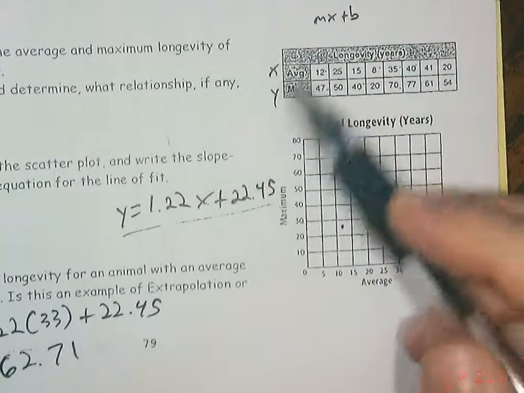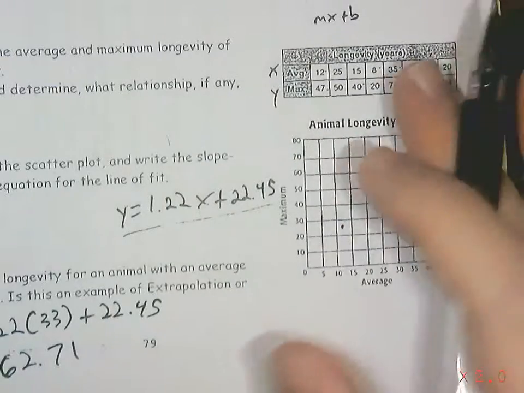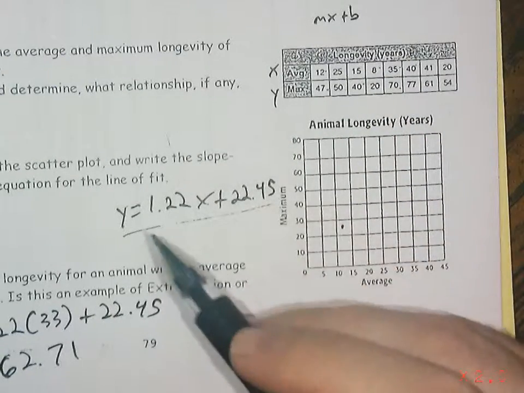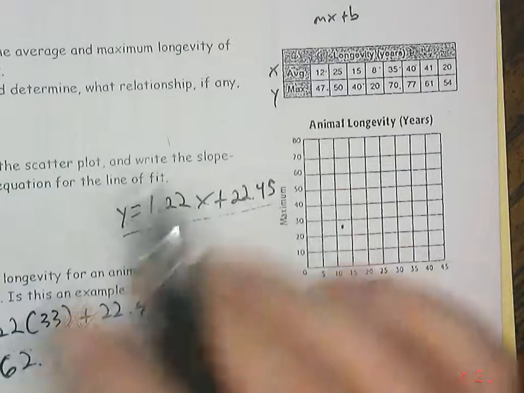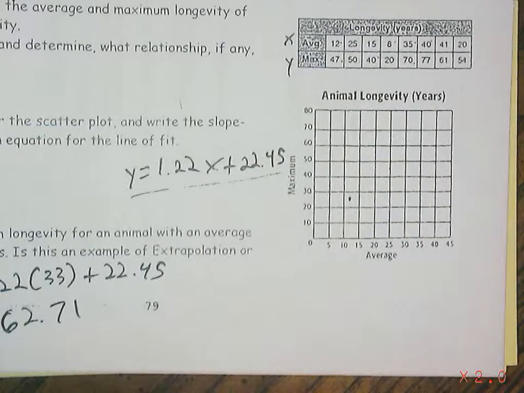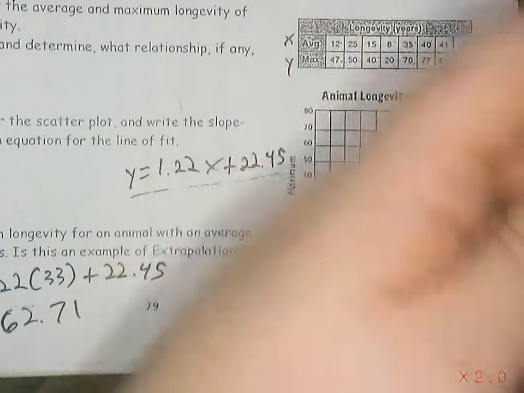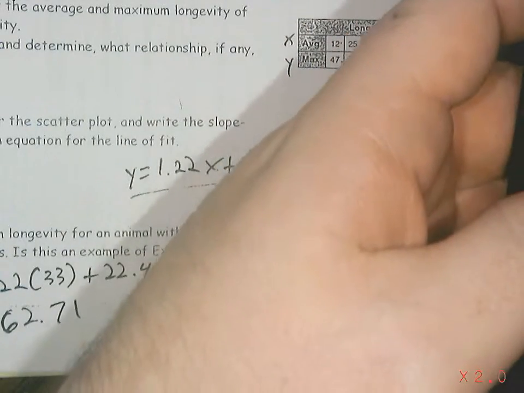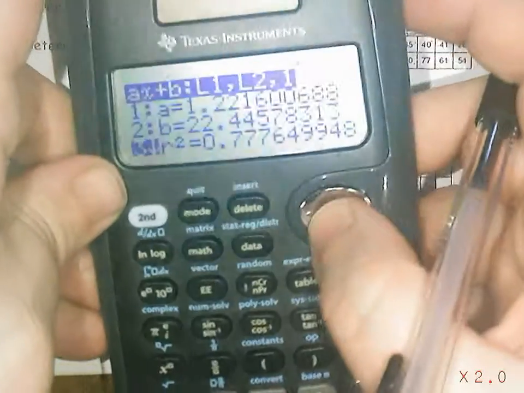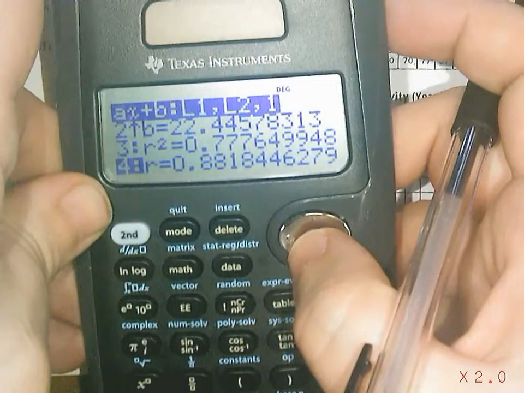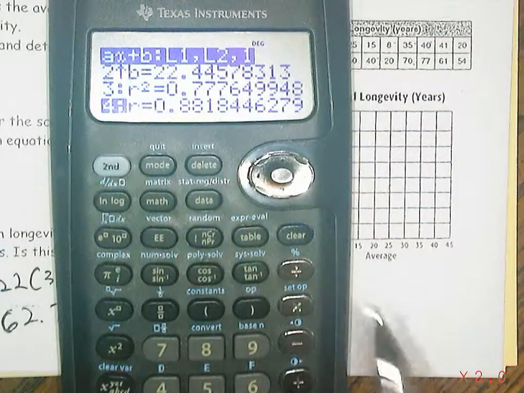Okay, so again, this is kind of the beauty of stats, is with any kind of data, we can look at our average and max and figure out an equation that lets me predict what something should be. Now, this only really works if it has a strong correlation coefficient. So one thing you're going to be asked is, is the correlation strong? Your calculator will tell you that too. If we scroll down here, this R is your correlation coefficient.